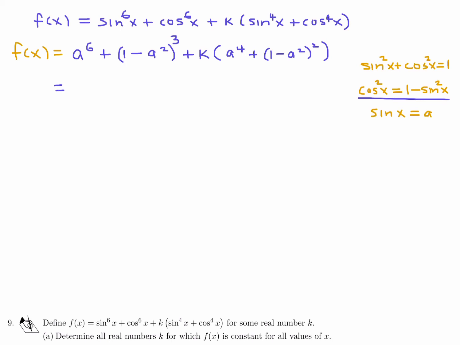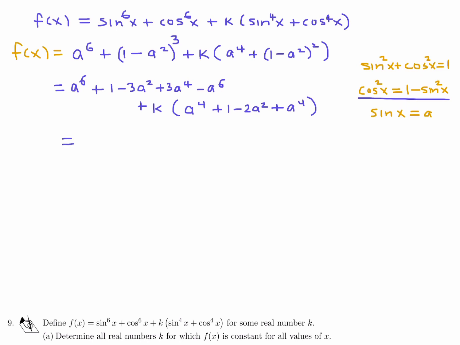All right, now we've got to do a little bit of algebra here, expand this all out. It shouldn't be too bad. It could be a lot worse. So let's see here, expanding that, I get 1 minus 3a squared plus 3a to the 4th minus a to the 6th, and then plus k, and then in these brackets we're going to get a to the 4th plus 1 minus 2a squared plus a to the 4th, like that.